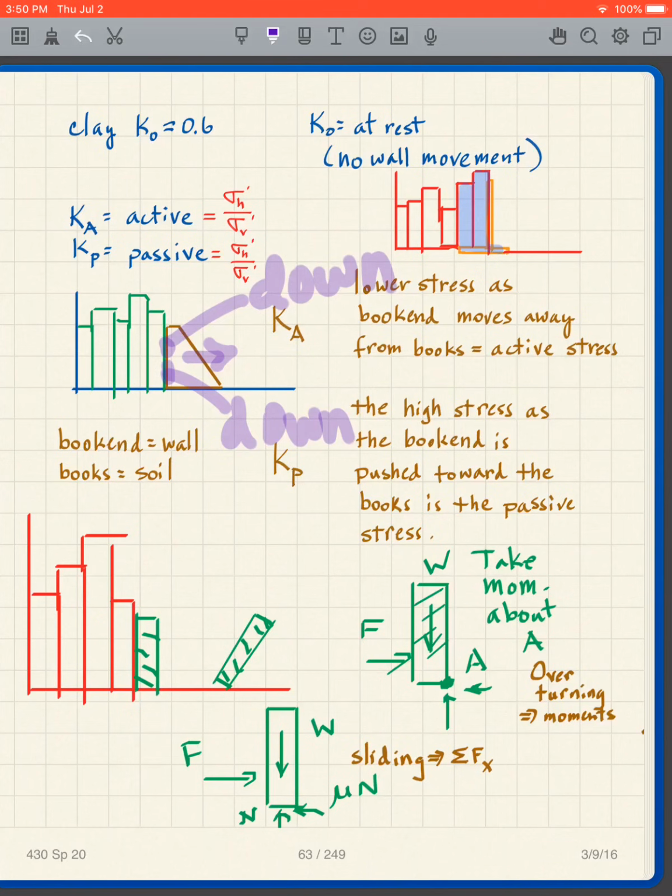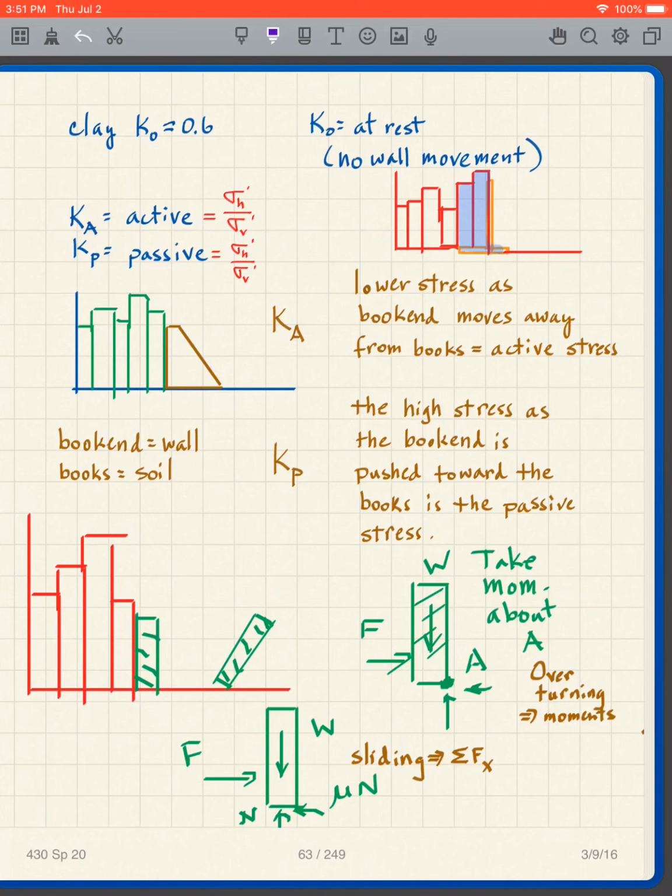So what I see is that when the bookend is moving toward the books, the pressure goes up. When the bookend is moving away from the books, the pressure goes down. And that gives me some information about how a retaining wall would behave.